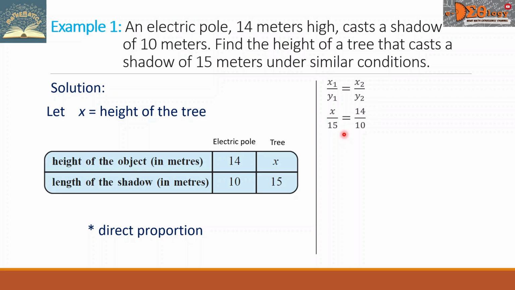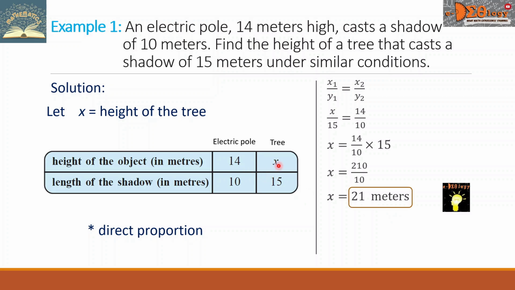This 15 is multiplied on the right side and it looks like this: x equals 14 over 10 times 15. We multiply 15 by 14, so we have 210 divided by 10. So we have x equals 21 meters. This is the height of the tree.